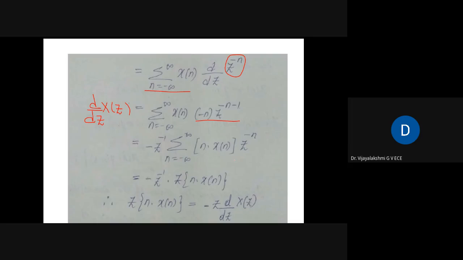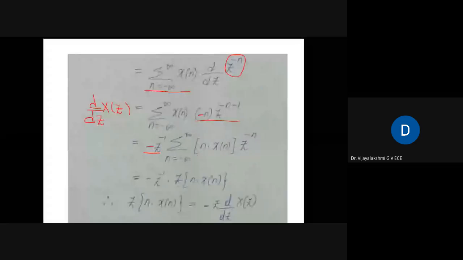So a small change here. We'll separate the z terms. Z power minus n minus 1 is there, right? So I can separate these terms. So this becomes z power minus n into z power minus 1. And I have a negative sign here, right? So that negative sign and this z power minus 1 I will take out, and whichever is variable with respect to this index n, only those terms I have considered.